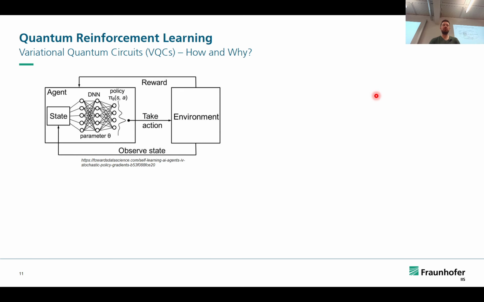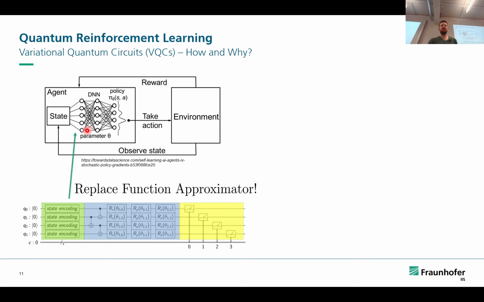And so the general pipeline will be that we just take our classical algorithm where we have this environment and agent interaction loop. And usually we use, for example, a neural network, a deep neural network, for approximating the policy or the value function. And now we want to replace this with a variational quantum circuit and approximate our policy with that.